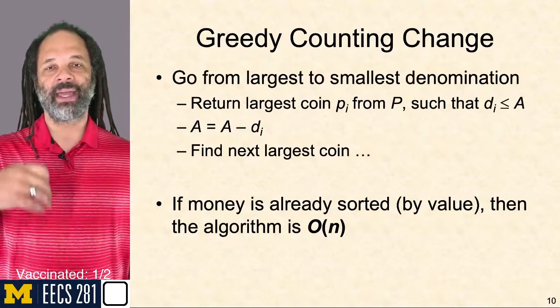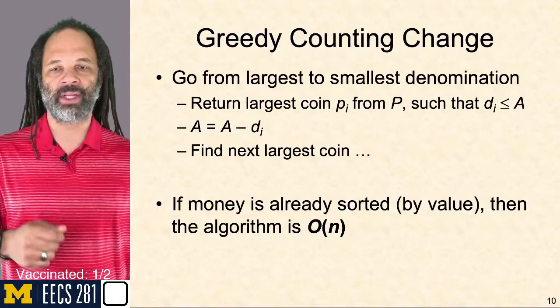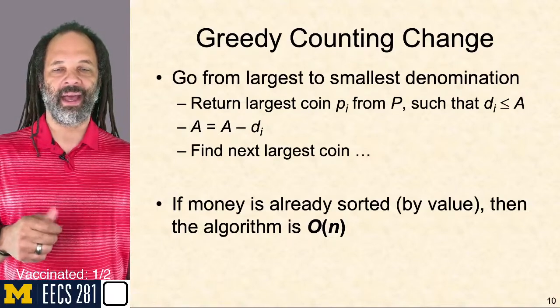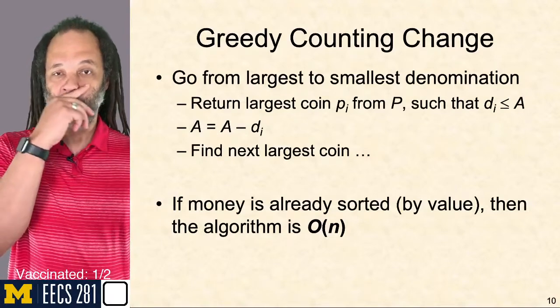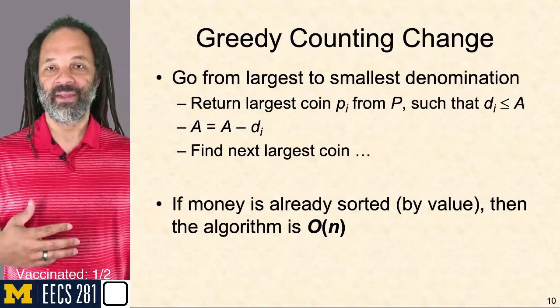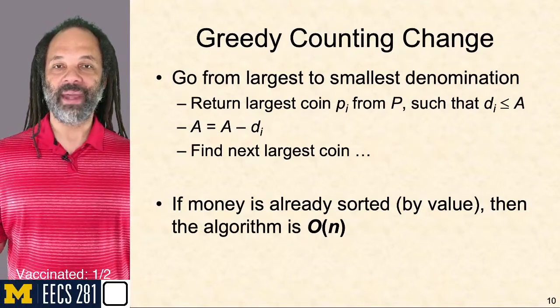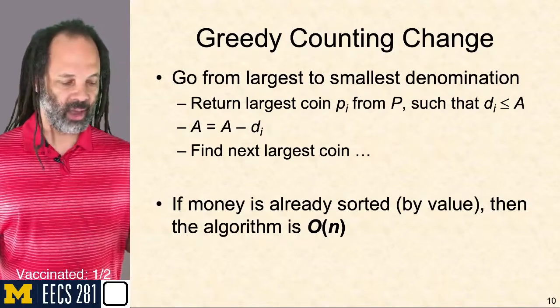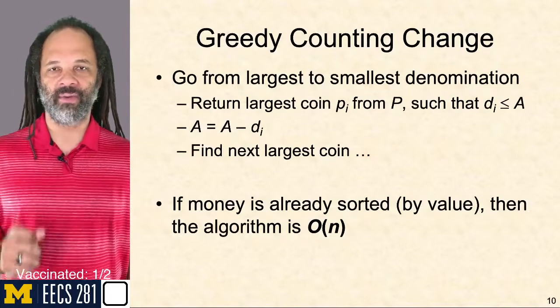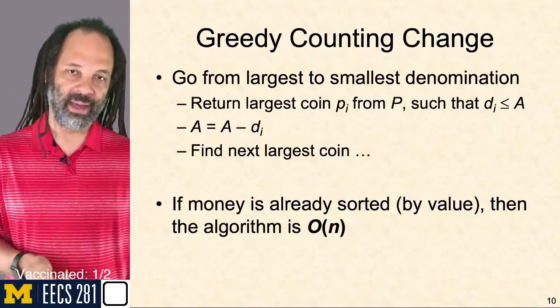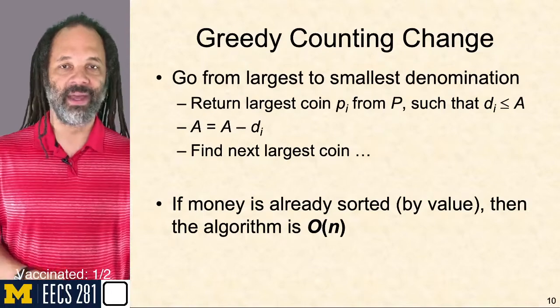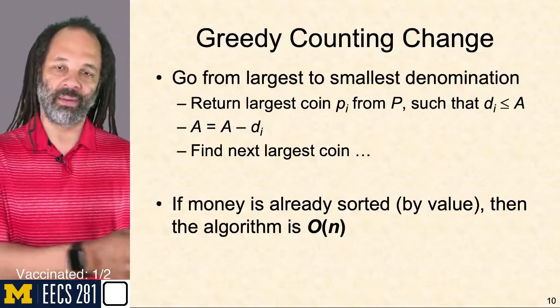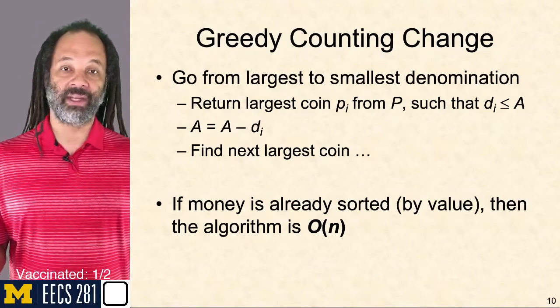Every time I can give you a coin, I subtract how much I owe you, and then I try to find the next largest coin I can give you. This turns out to be the way we actually make change. We have our drawers all set up. If I have enough to give you a quarter, I give you a quarter. If I don't, then I go to the dimes. If I have enough to give you a dime, I give you a dime. If I don't, then I go to the nickels, and so on. So this is how we make change.